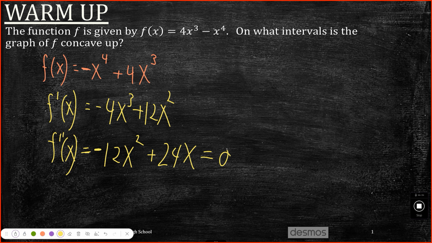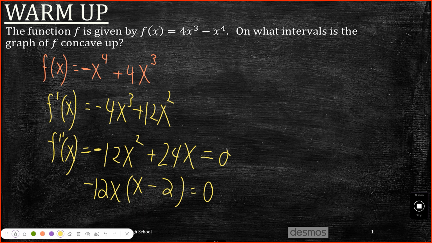Definitely 12x. Should I factor out the negative as well? Sometimes. Let me factor out the negative as well. If we do that, what's left over? x minus 2.